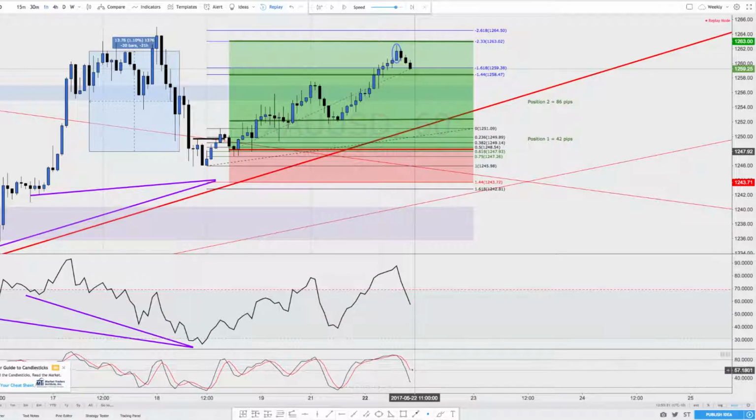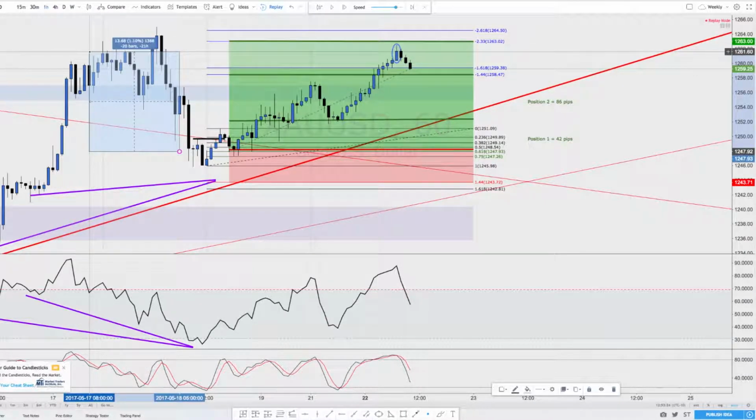That's plenty of profit for me. And that would have been 137 pips. I just couldn't stop the chart from running.